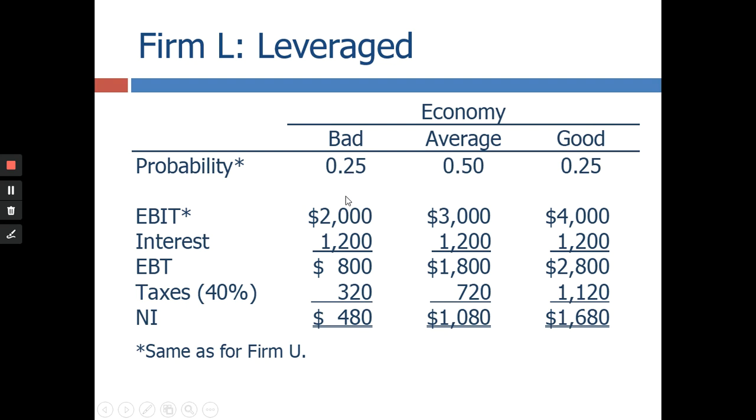So whether the economy is bad, average, or good, you still pay the same interest amount, 1,200. So earning before interest and tax minus interest, your earning before tax is 800 now compared to 2,000 previously, and the tax is only 320.